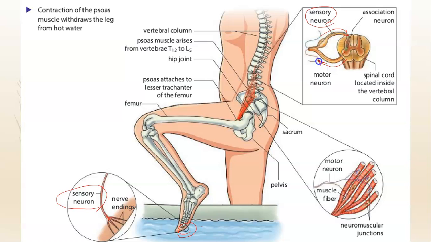And from the spinal cord the information will be sent back by motor neurons. So we have two types of neurons: sensory neurons and motor neurons. And motor neurons are attached to the muscles. So by the time that sensory neurons pass the impulses from the hot bath to your spinal cord, immediately, without going to your brain, they will send the impulses through the motor neurons back to your muscles, and the muscles start to do the action.